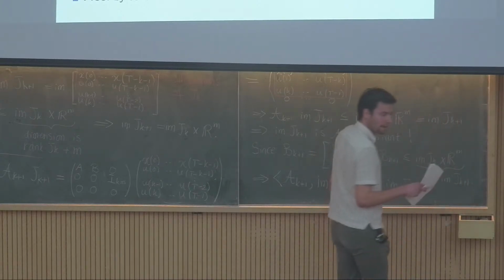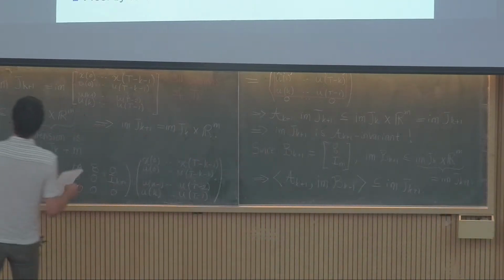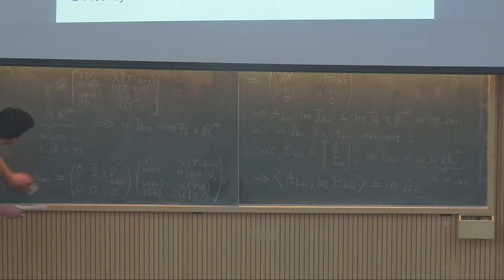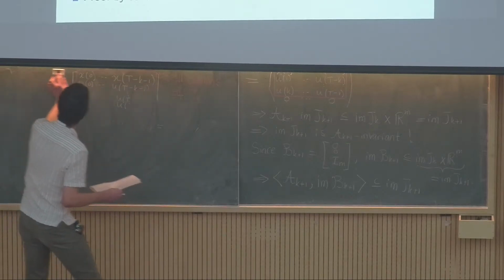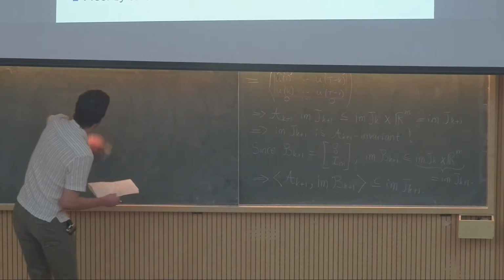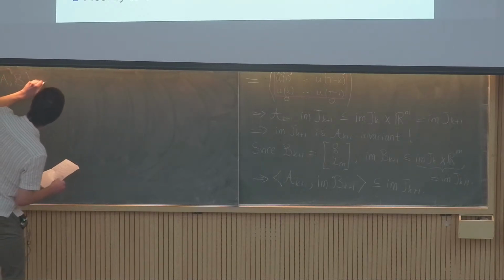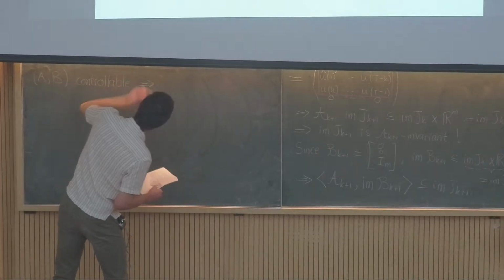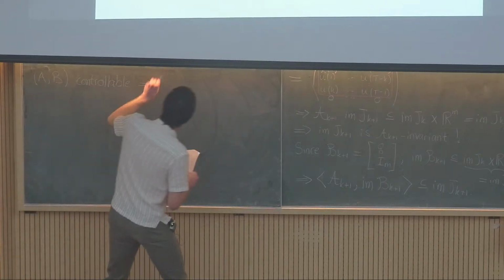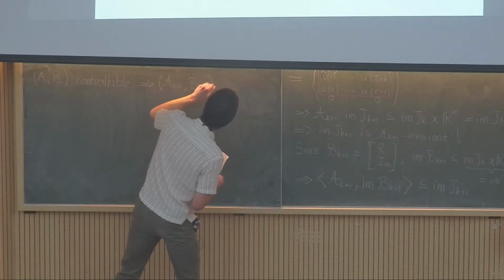Now, that's great. I just need a little bit more space. Because what is the point now? Well, we had that AB is controllable. And by the lemma on the slide, that also implied that the pair AK plus 1, BK plus 1 is controllable.